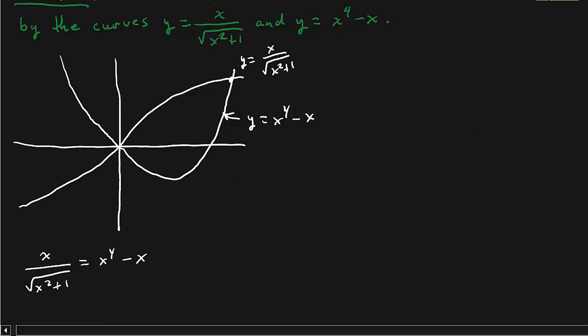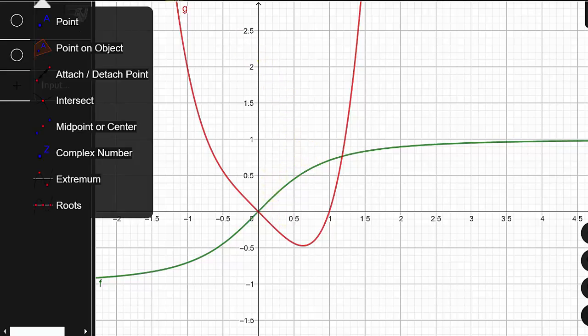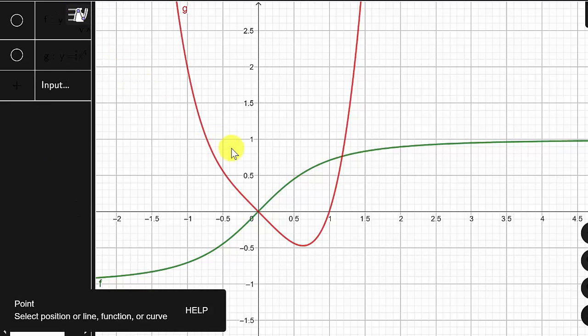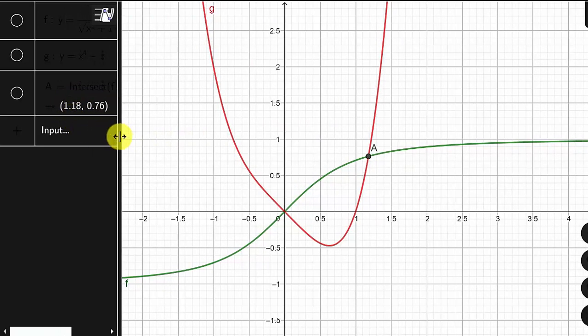So you would need to use a computer to solve it, or you can come over here in this graph, and with this I can insert a point, and I think I can get the point right there, and you see that tells me the x value right here is at 1.8.